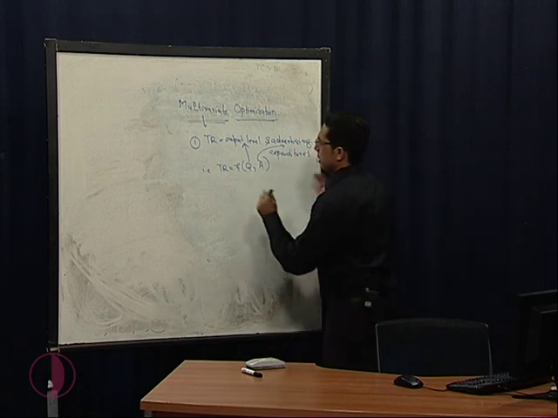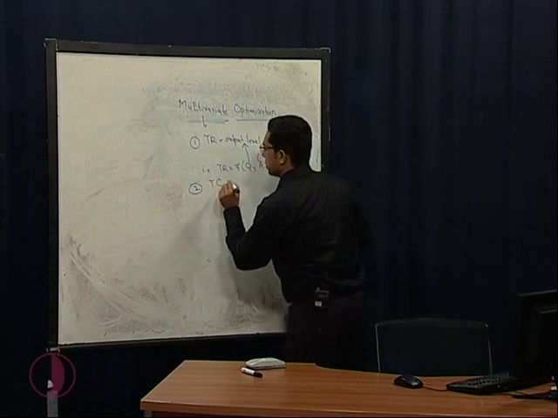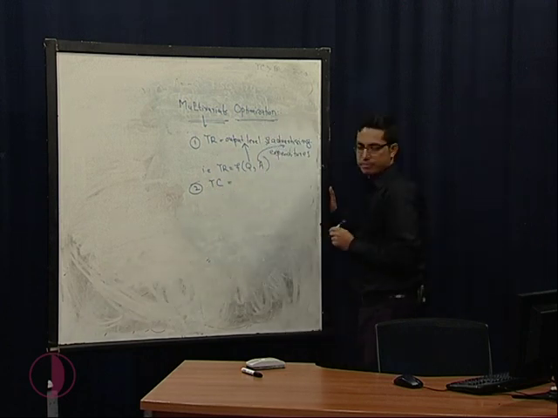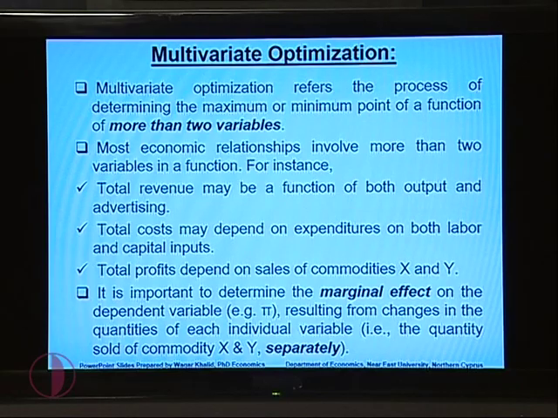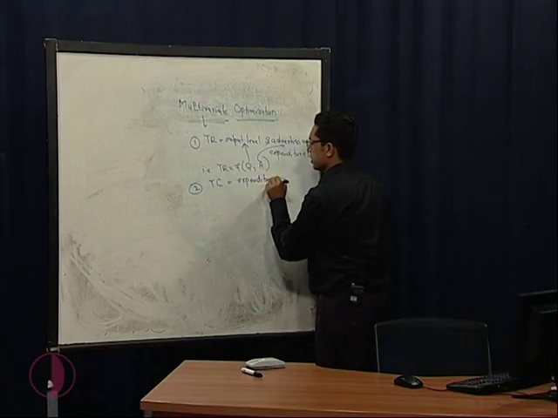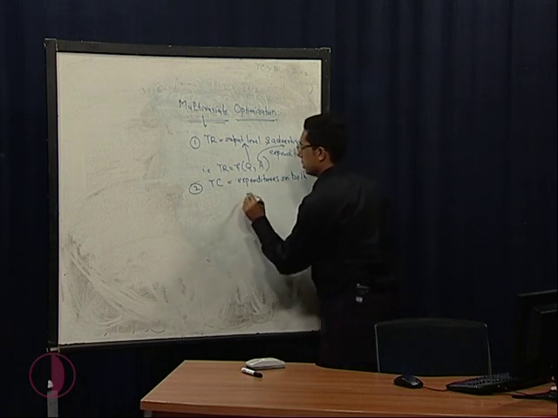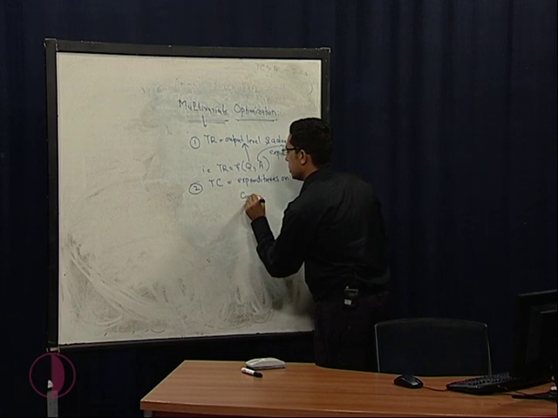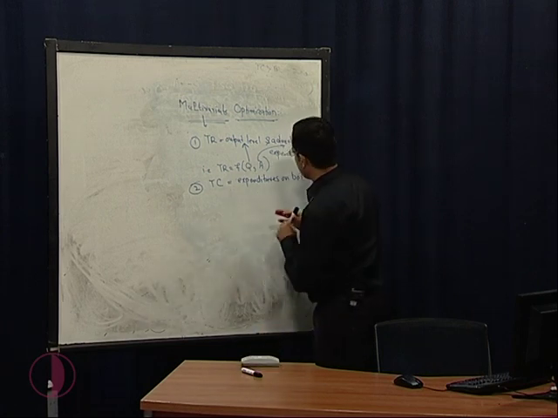Similarly, let me give you another example. Total cost of a business firm depends on expenditures on both X and Y commodities.